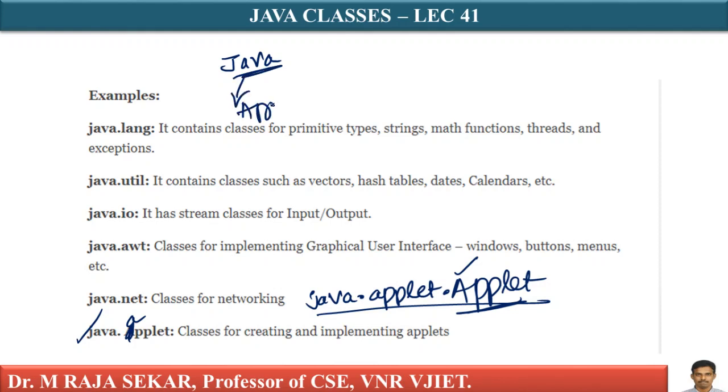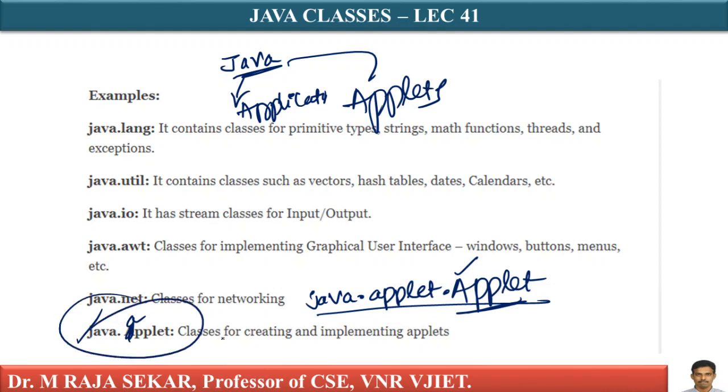One is the application program. Just try to recall. Another one is applets. In order to develop applet programs, I need the package java.applet. In java.applet, I can find classes for creating and implementing applets.